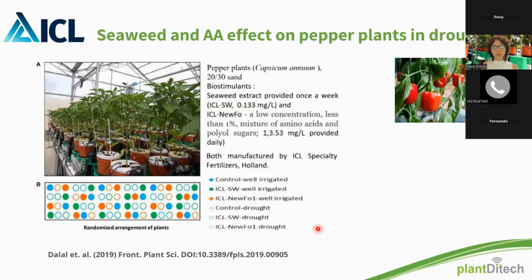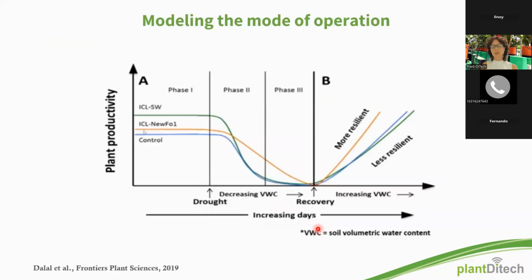And we will not go here through the detailed analysis, but what I can share, just as a summary, is that all the different parameters we discussed, transpiration, stomatal conductance, biomass gain, water efficiency, all of those are taken into account versus, of course, well irrigation, drought and recovery.